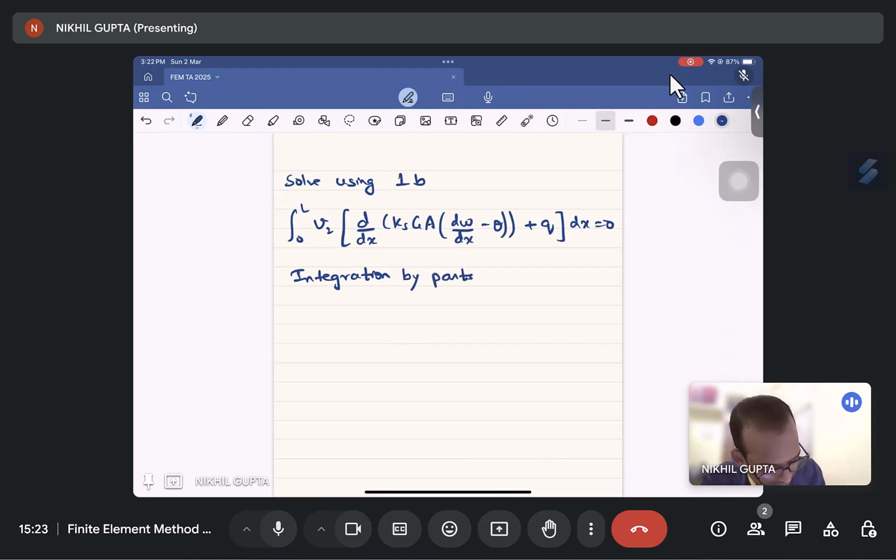So it will become v2 ks GA (dw by dx minus theta).